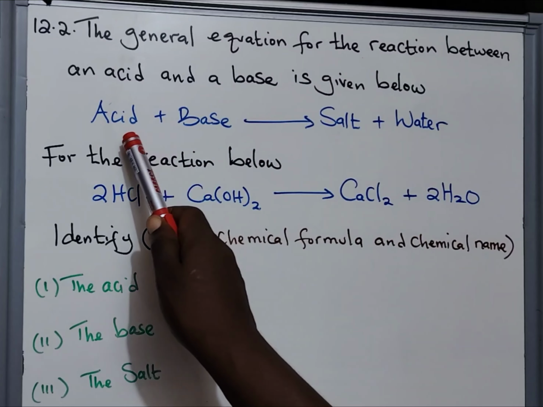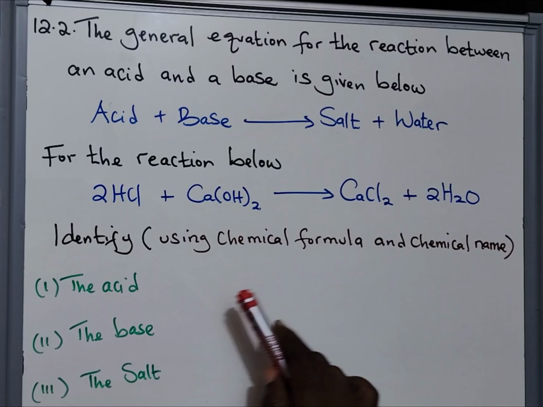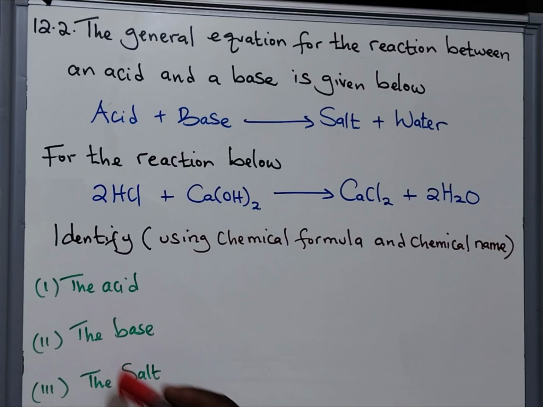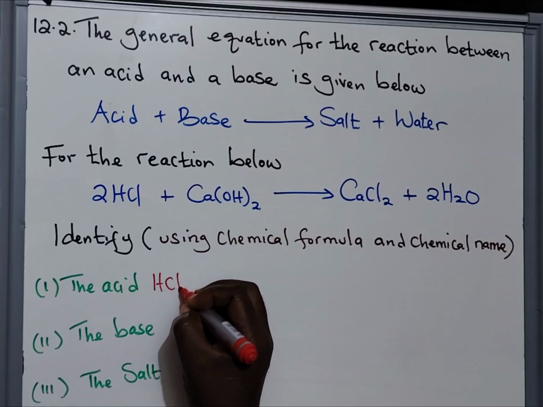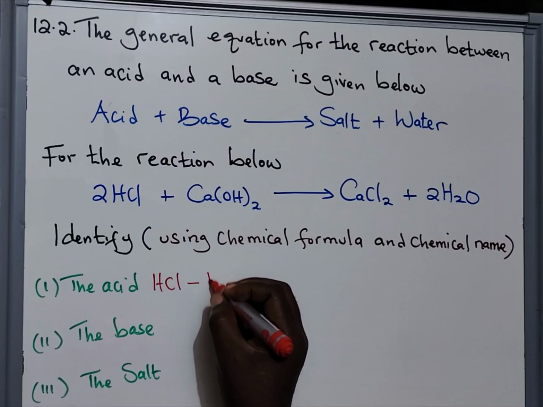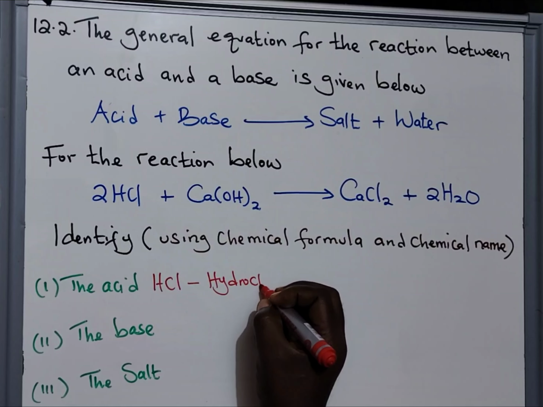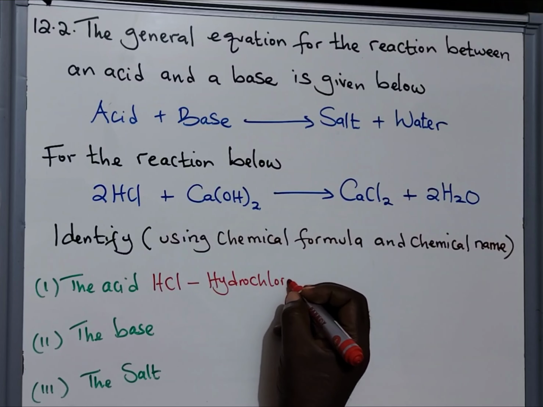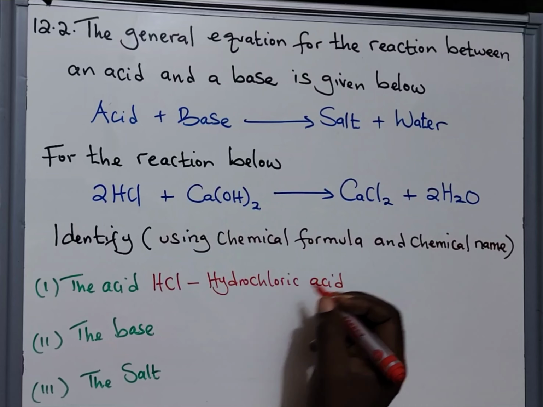And they say identify, using chemical formula and the chemical name, the acid. So which of the above is the acid? The acid is HCl, which is hydrochloric acid.